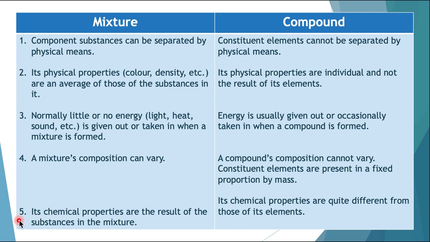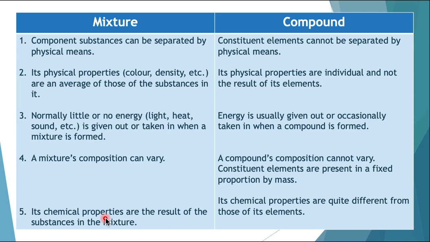The fifth point is that a mixture's chemical properties are the results of the substances in the mixture, whereas a compound's chemical properties are quite different from those of its elements. So, the chemical properties we mean is basically how it will react with other elements. A mixture's chemical properties are the result of the substances in the mixture, like iron and sulfur. When they are mixed together, they form a mixture of iron and sulfur. And we won't call it iron sulfide because it's a mixture, not a compound, yet, because it is not heated yet.